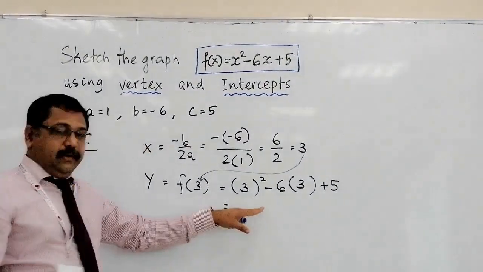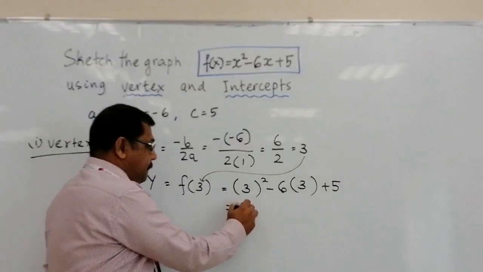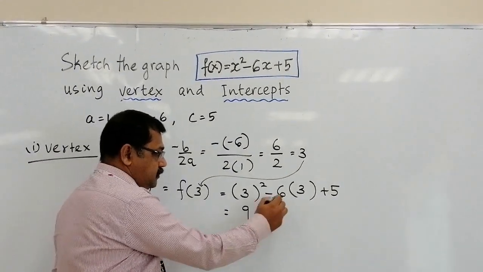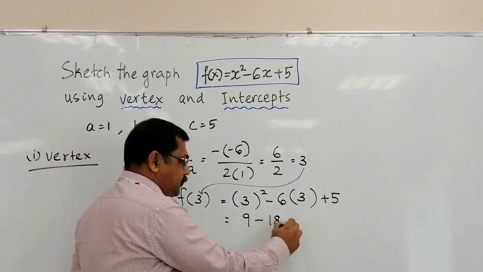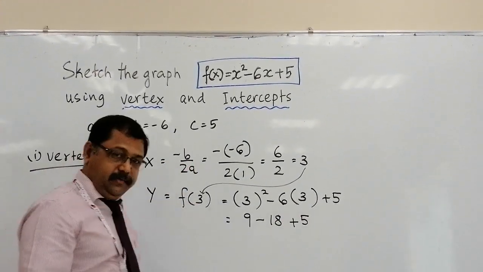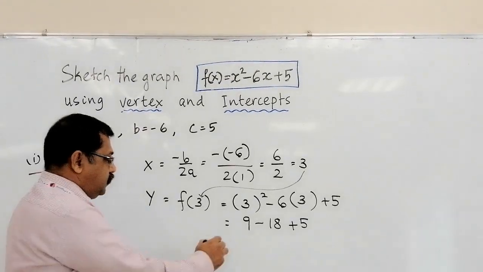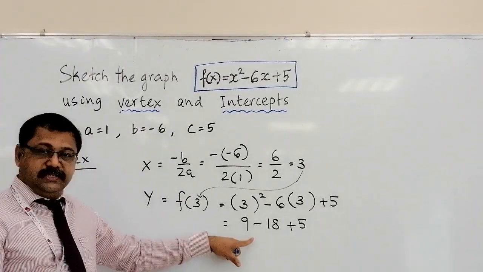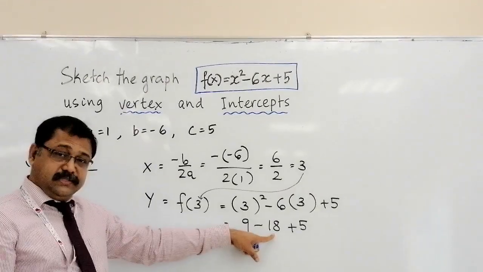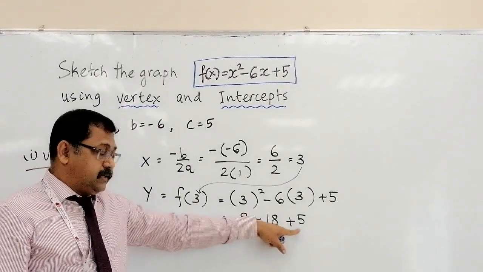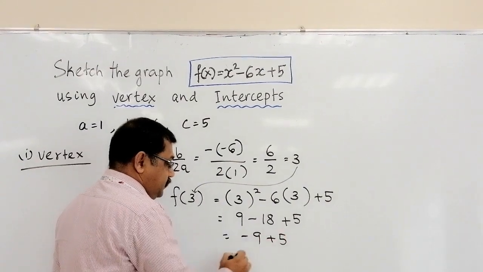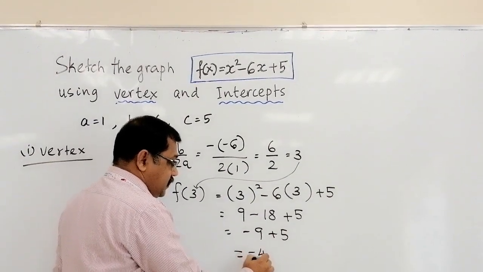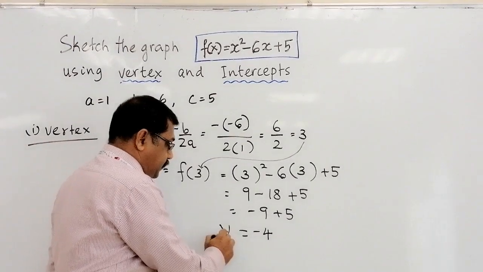So we can calculate this: 3 squared is 9, minus 6 multiplied by 3 is 18, plus 5. So 9 minus 18 is minus 9, plus 5. Minus 9 plus 5, so the final answer is minus 4.